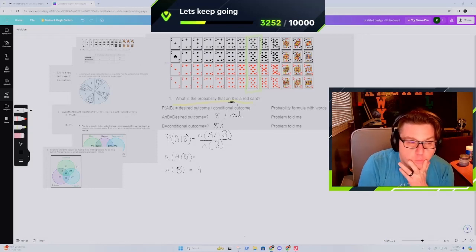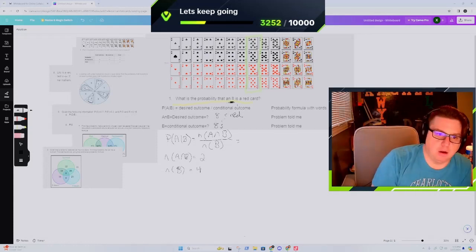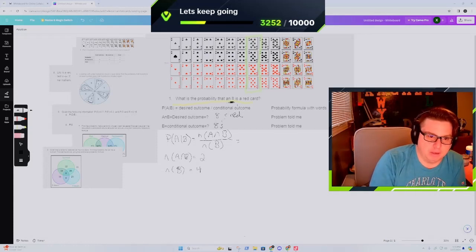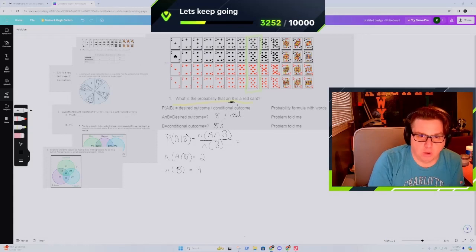Now, with that, we are going to find out how many red 8s there are. And if you look, there's 2 that are red and also an 8. So when we put that in our probability function, so A and B, so the number of A's and B's, so 8s and red, there are 2 of them out of the 4 8s total.